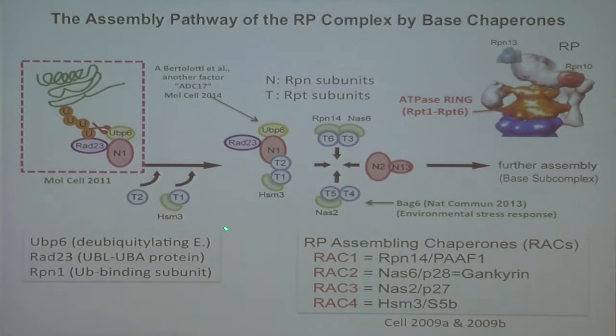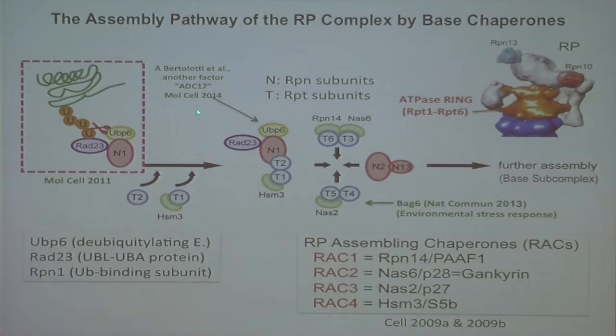And also, we found UBP6, or Ubp6, and other chaperone-like functions are involved in the process. Quite recently, another group found another chaperone, ADC17, which is required for this subcomponent of this complex.